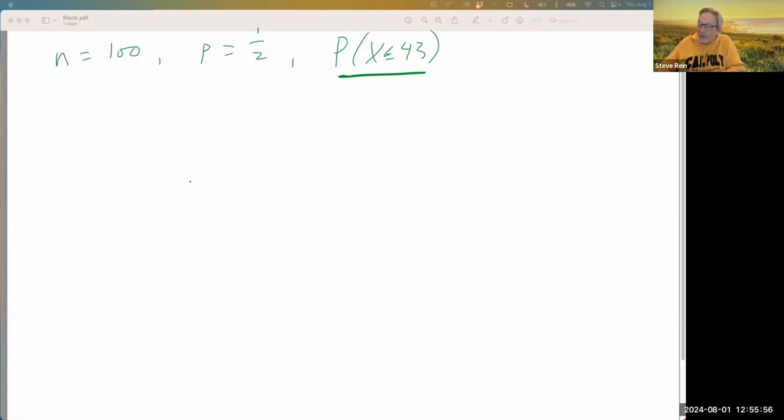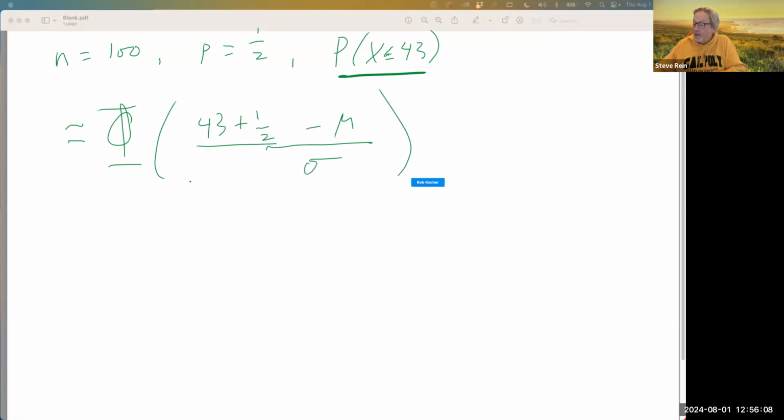So we're claiming that that's approximately equal to the normal CDF of (43 plus 1/2 minus mu) over sigma. In this case, mu we know is n times p, here 100 times 1/2 or 50.